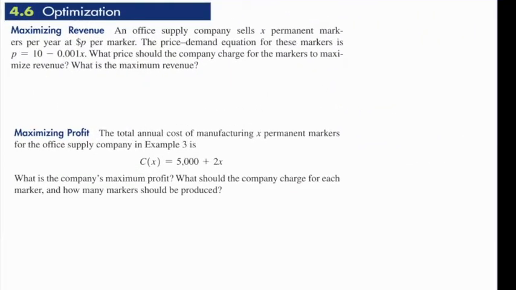So this next problem is moving away from area and perimeter, and now we're looking at revenue, cost, and profit. If we read through it, it says an office supply company sells X permanent markers. So X equals the number of markers that are being produced or sold.